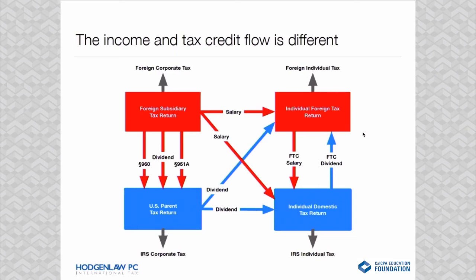So that's why the foreign tax credit is passed upstream from the U.S. tax return, and it's going to be offsetting individual income tax liability on the individual's foreign income tax return. With me so far? It's kind of complicated, but I hope this helps you understand what's happening as we go through the model.